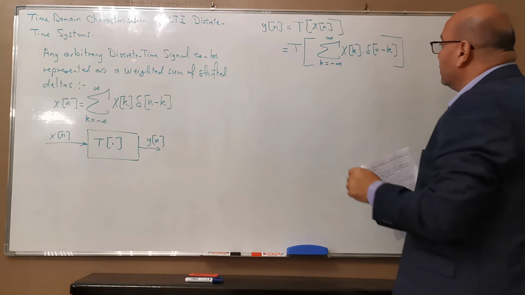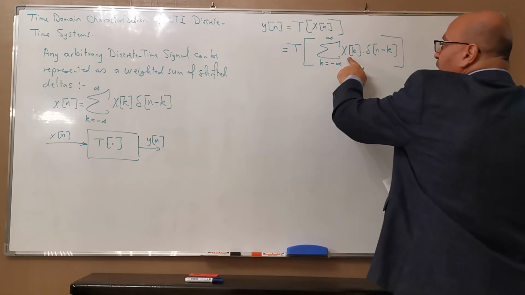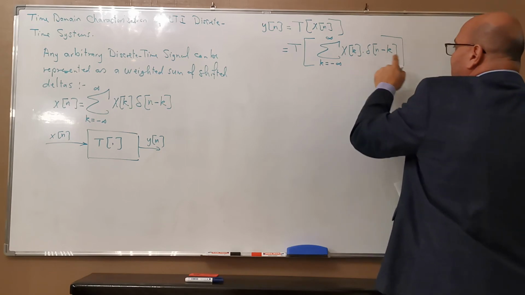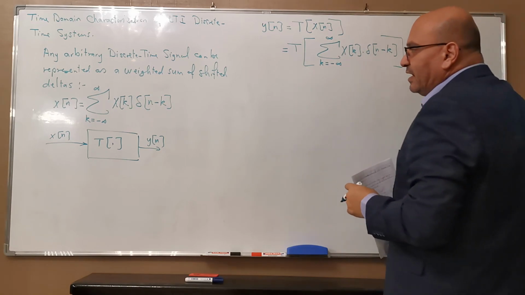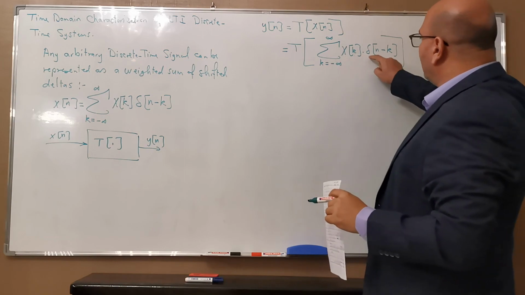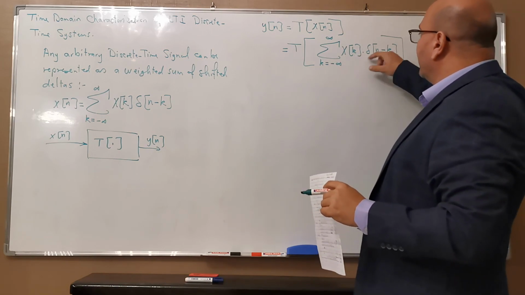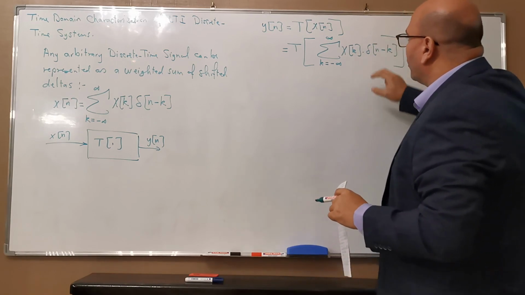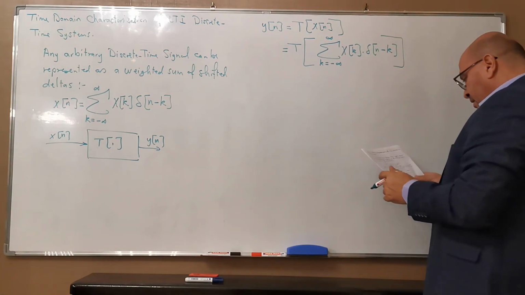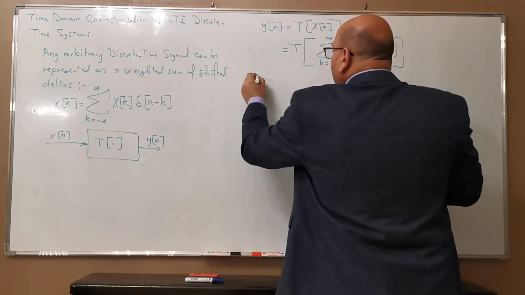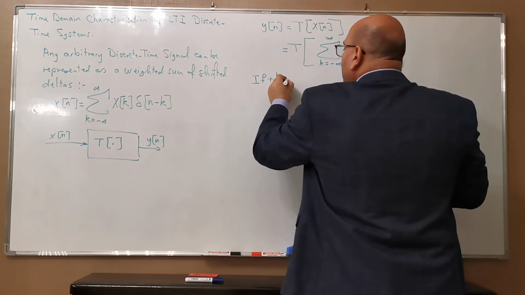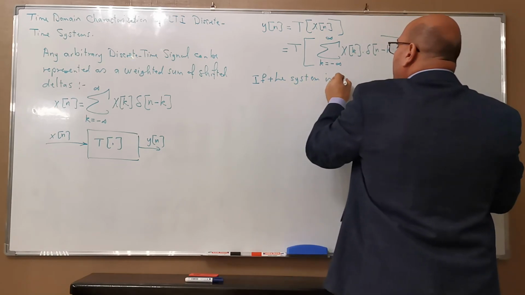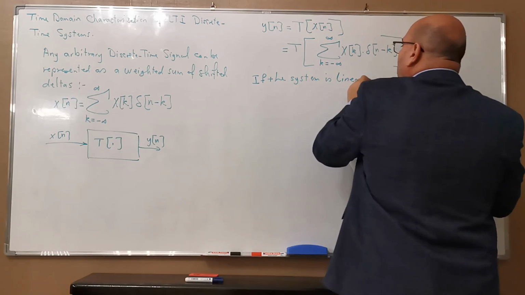Notice here that x of k are values, they are discrete values, numbers. The deltas are the sequences. The delta is the elementary sequence, and this is a weighted sum of elementary sequences, which are the deltas. Now, if the system is linear, then what will happen?